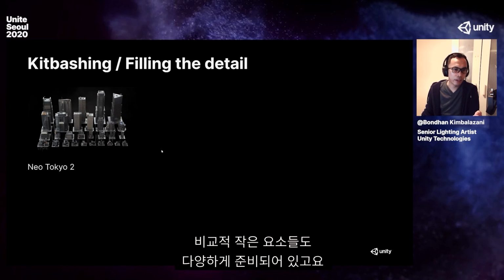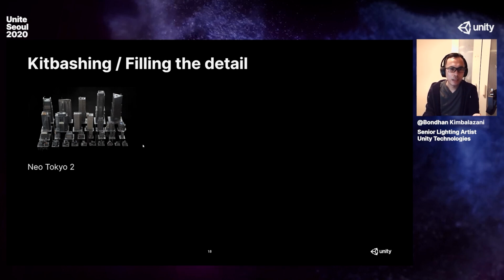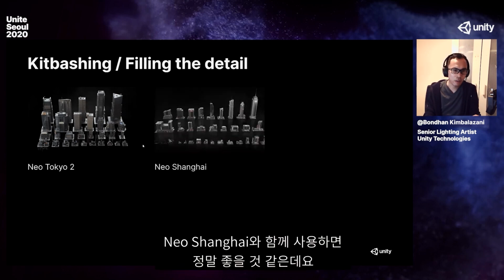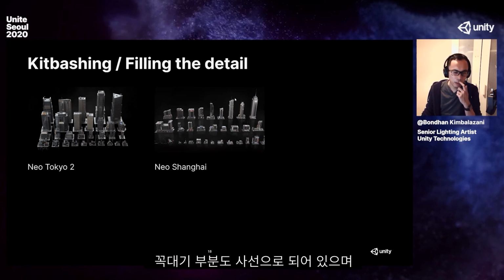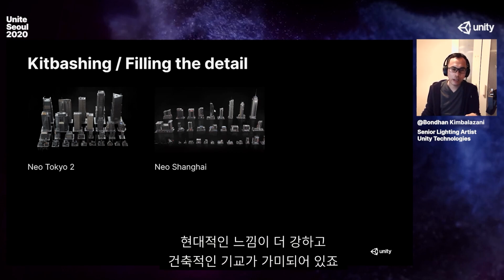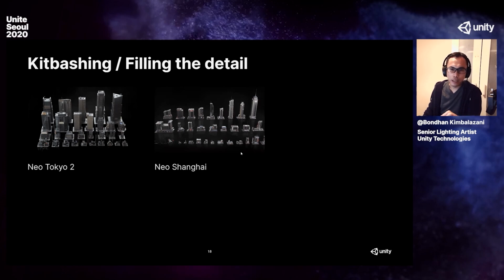There are plenty of variations on the small ones as well, and we think it's going to work really well with Neo Shanghai. They're similar but different, because this one has some pointy elements, and the roofs are diagonally chopped, and it's slightly more modern architecturally.